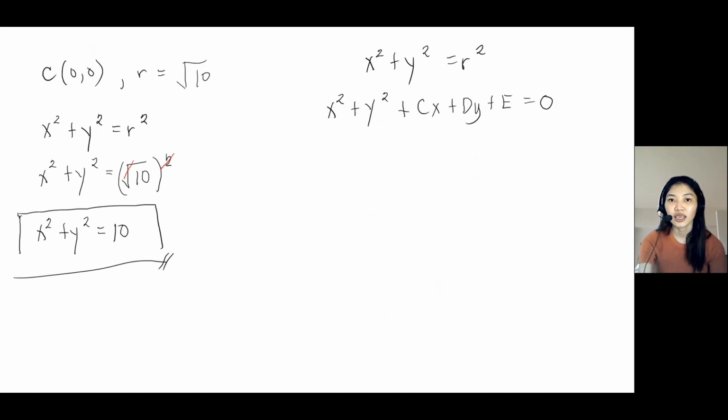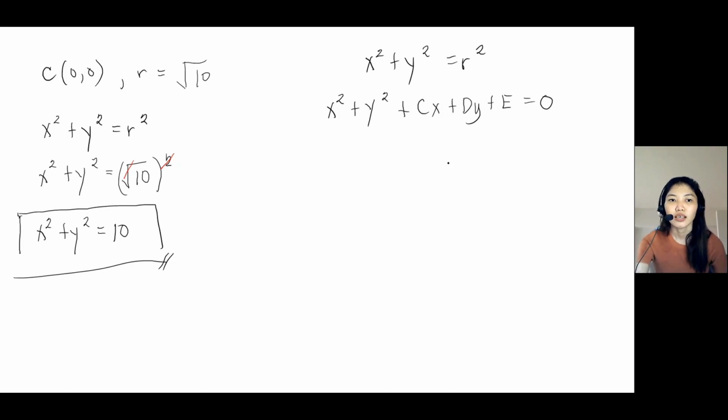So just arrange in this form. So what we have on right hand side is 0. So it means if we have a value on the right hand side, just simply transpose it to the left side.